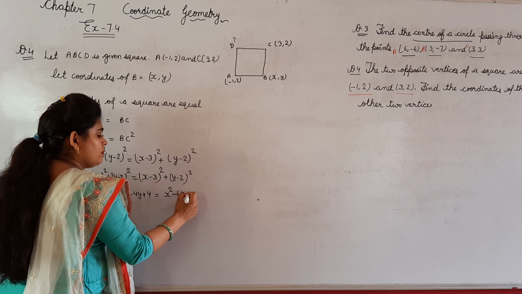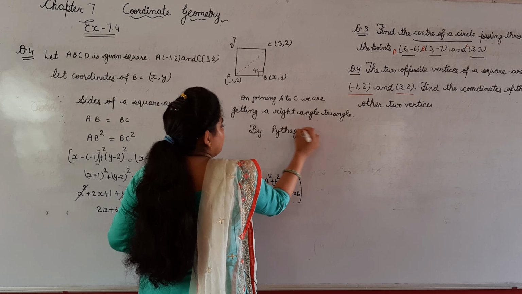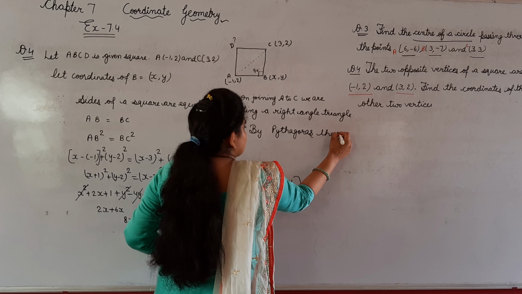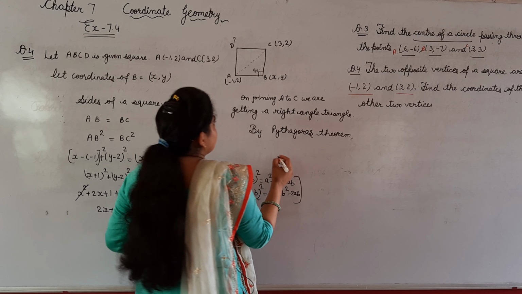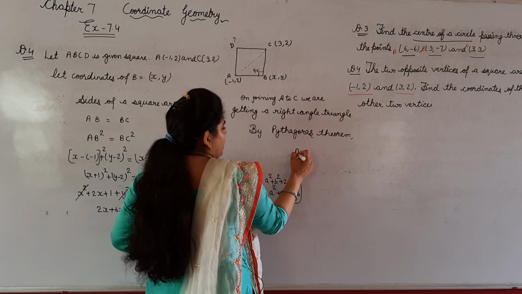So what we will use? We will use Pythagoras theorem. By Pythagoras theorem, AC square will equal to AB square plus BC square.